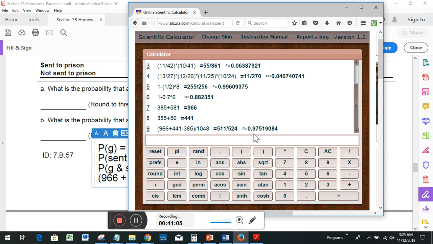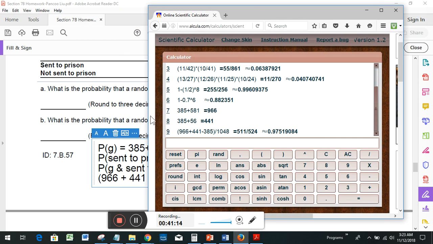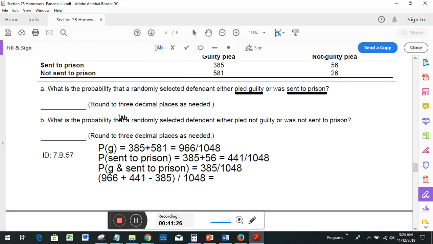Our fraction is 511 over 524, but our decimal is 0.975 since they only want 3 decimal places. We look at the 5, and to the right of the 5 is a 1. That's less than 5, so the 5 stays the same. So our final answer will be 0.975.